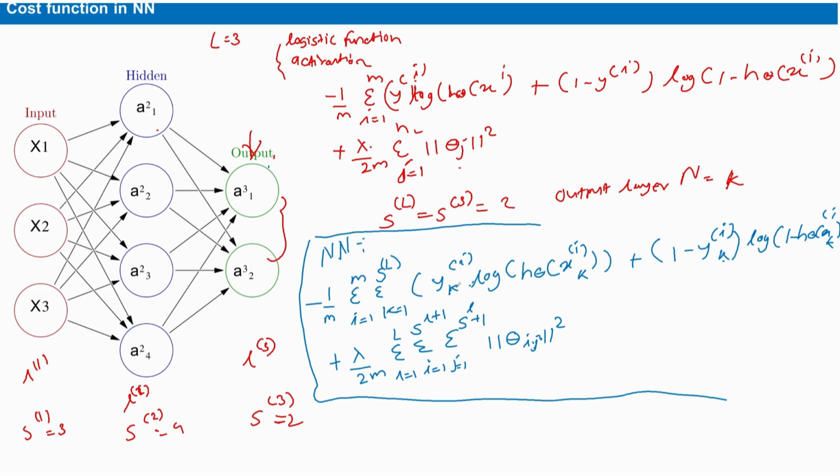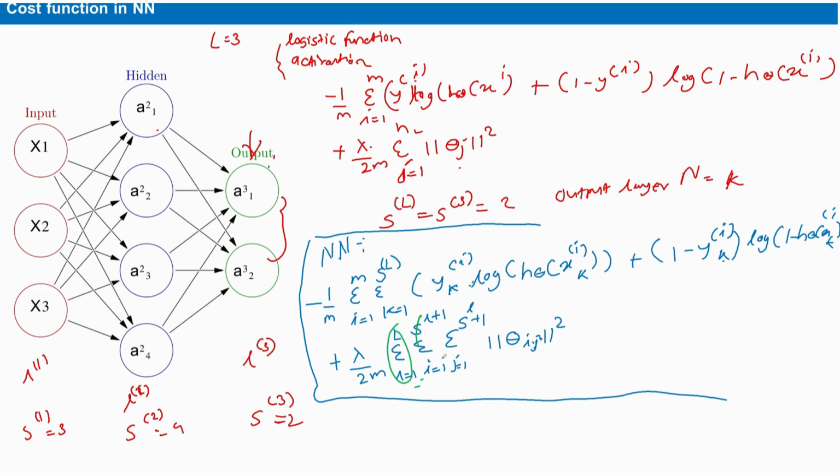With respect to the regularization term, it is applied to all the layers, so we need to iterate over all the layers, and inside each layer the theta parameter has 2D dimensions. The first dimension is i equals 1 to the number of neurons in the next layer, and j equals 1 to the number of neurons in the current layer plus 1. Because of that, these three summations came.